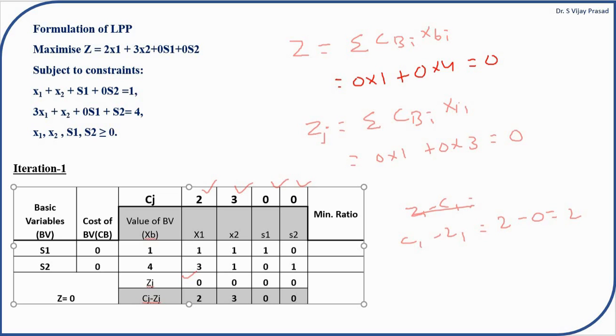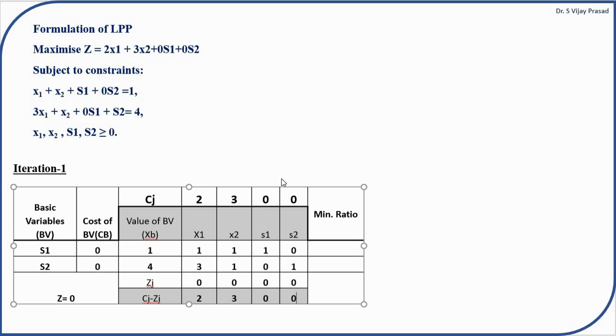After doing this, we are going to check whether all the CJ minus ZJ values are less than or equal to 0 or not. If all CJ minus ZJ values are less than or equal to 0, then the problem is going to stop there.